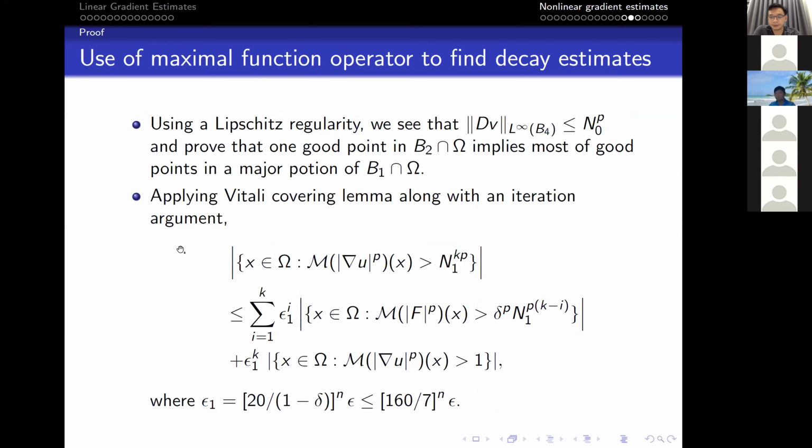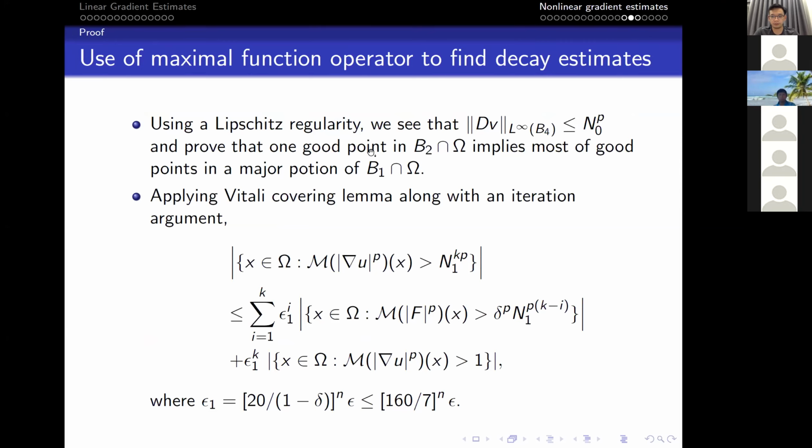Then I can use Lipschitz regularity for the limiting PDE, so gradient v is really bounded by a universal constant. And then we prove that one good point implies most points are good in the major portion of the small area. Actually, this is the second hypothesis for the Vitali covering lemma.